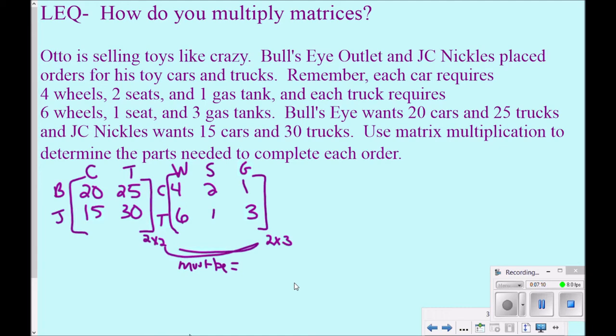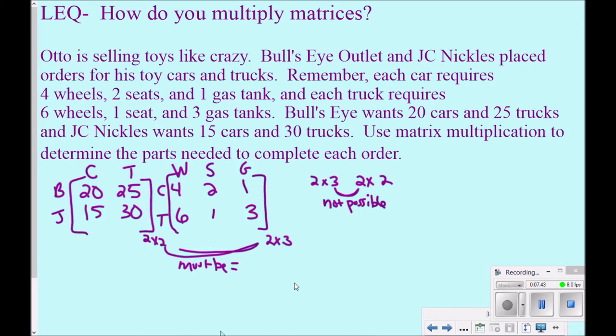Now, had I, let's say, written these two matrices in the opposite order, the one here on the right first on the left and vice versa, then I'd have the 2 by 3 written first, and I'd have the 2 by 2 written second. And then when I check the inner dimensions, they're not equal. So I would realize that multiplication is not possible in that instance, because the inner dimensions don't match.